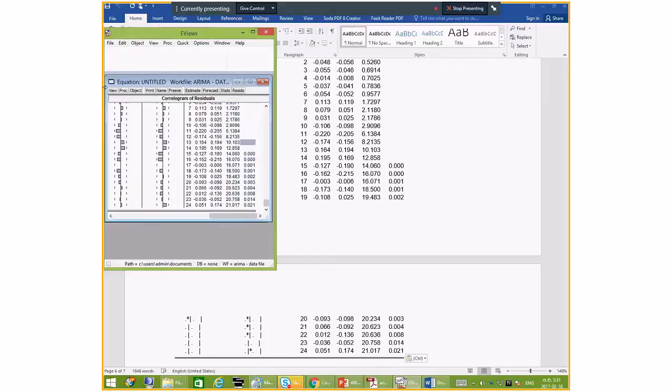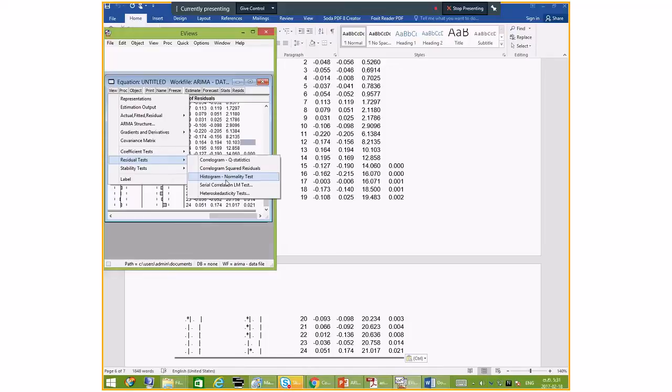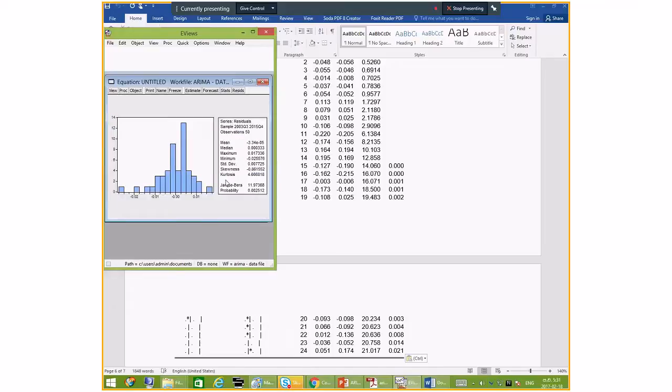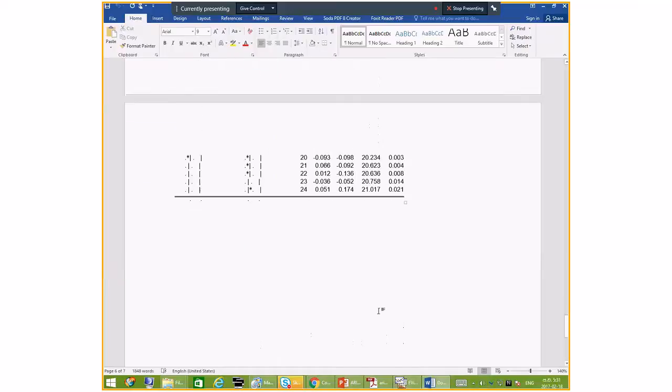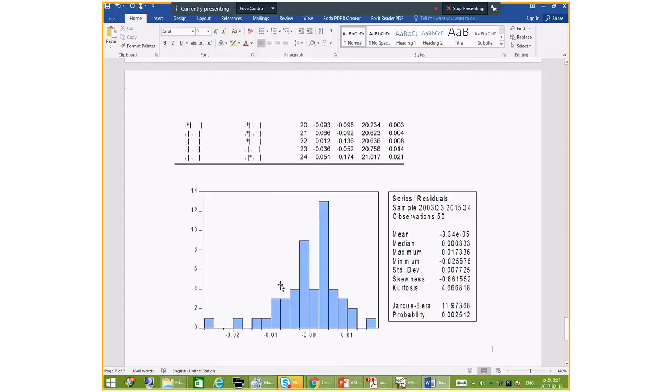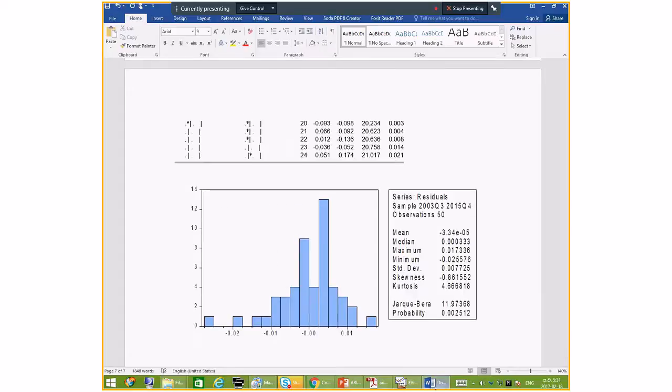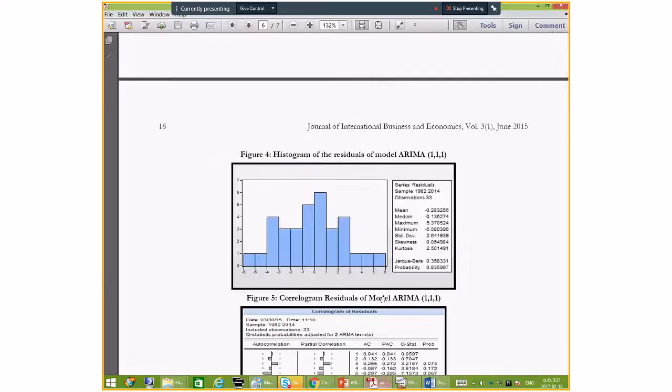Also go for the residual test, histogram, normality test. Now see in the article, but in our ARIMA 1311 model, the normality test is violated.